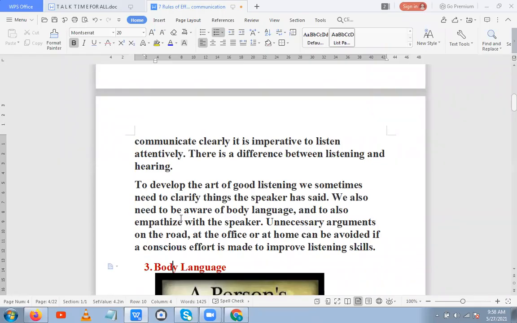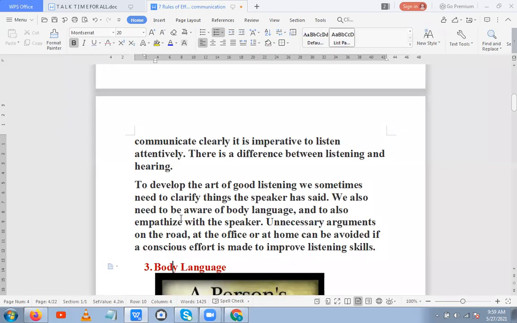Right? To develop the art of good listening, we sometimes need to clarify things that the speaker has said. If there's any barrier in communication, we need to ask, we need to clarify, we need to give feedback. We also need to be aware of body language. When somebody is saying something, be very observant of body language.